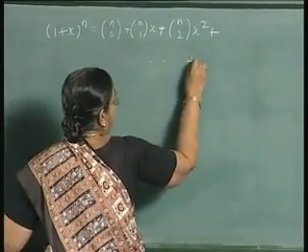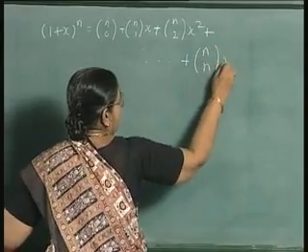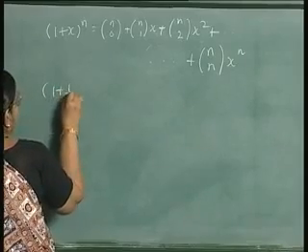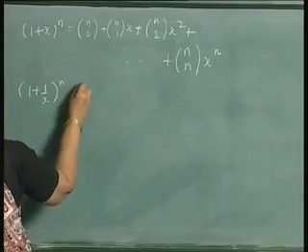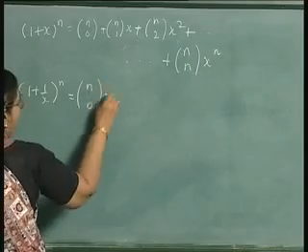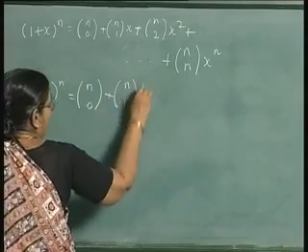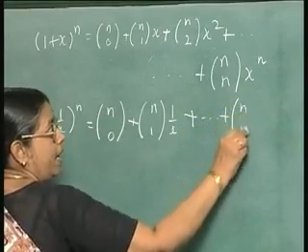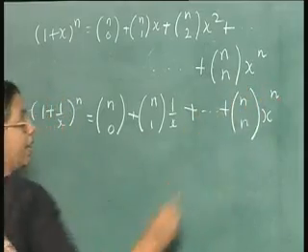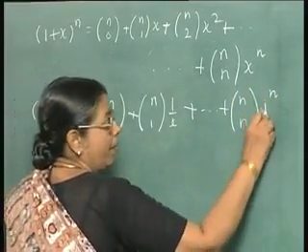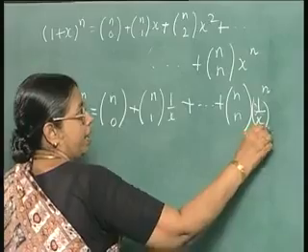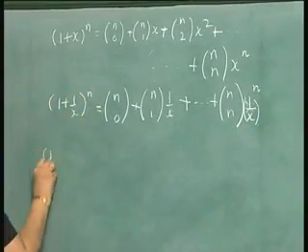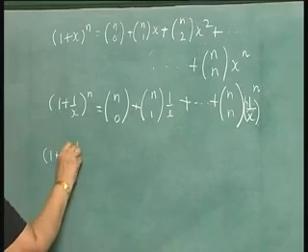Look at (1 plus 1 by x) power n, that is equal to nC0 plus nC1 into 1 by x plus etc. plus nCn into 1 by x power n. I am sorry, this is 1 by x power n. Now, if you multiply these two, you consider (1 plus x) power n into (1 plus 1 by x) power n. You have to multiply this whole thing by this.